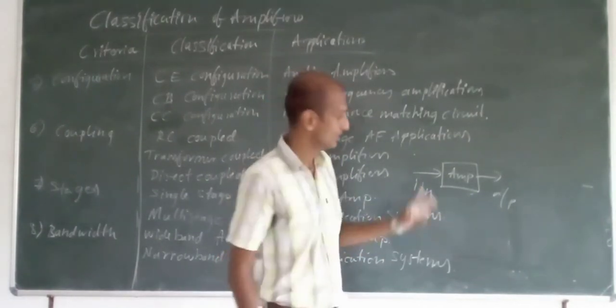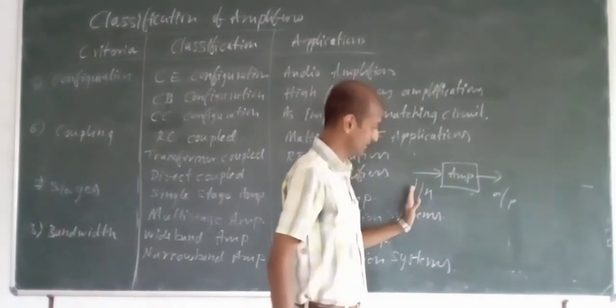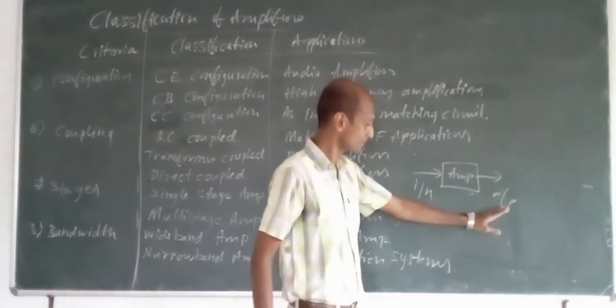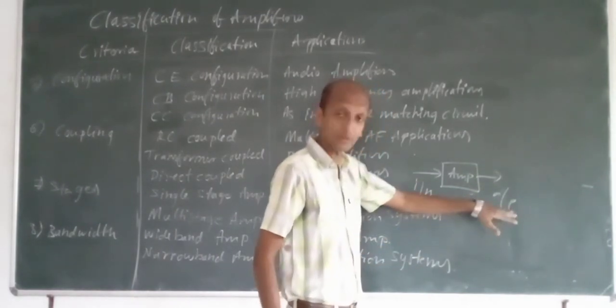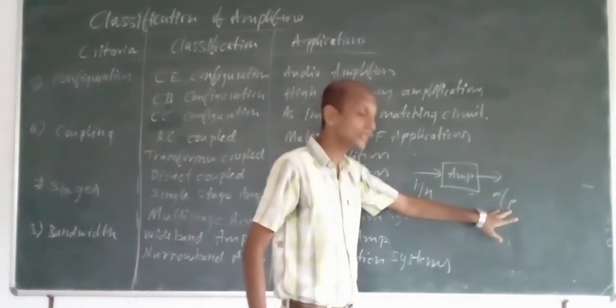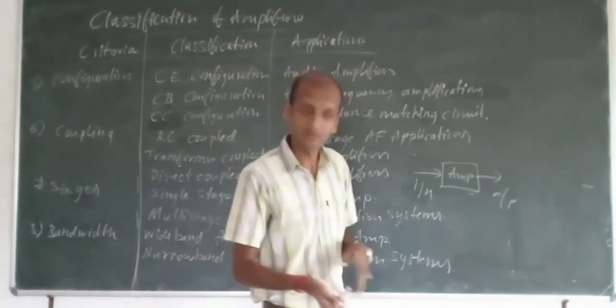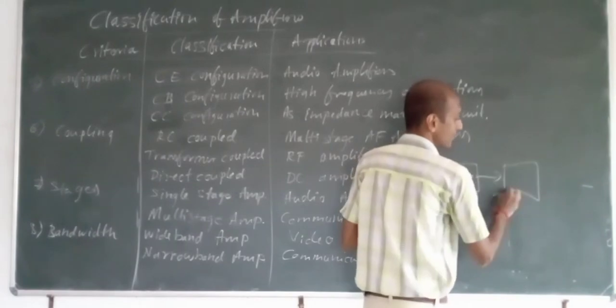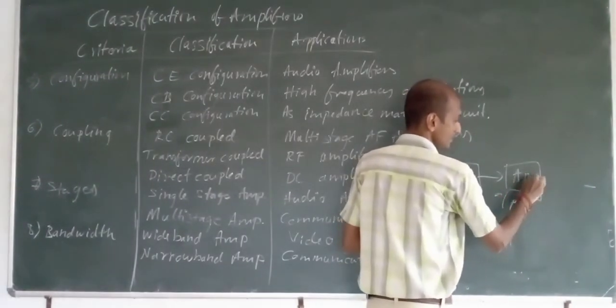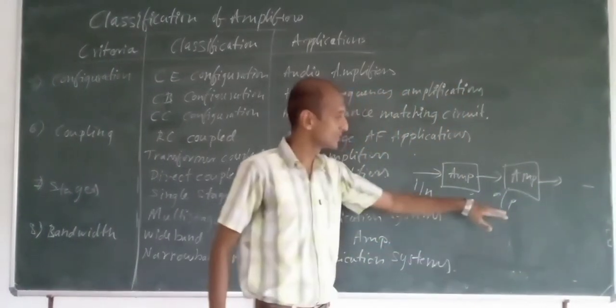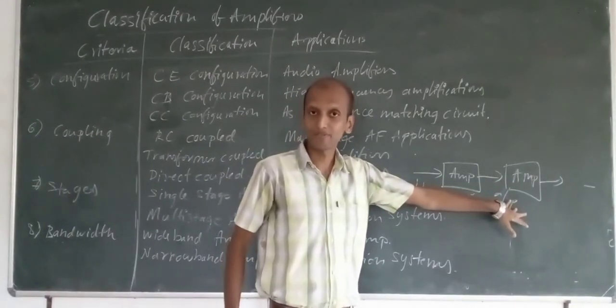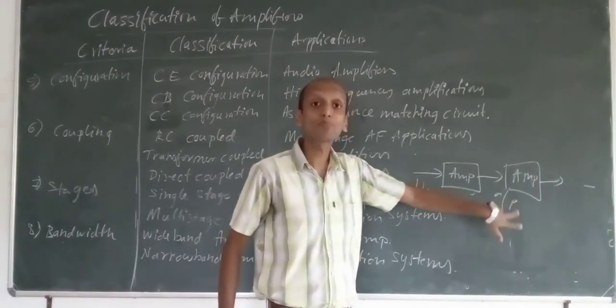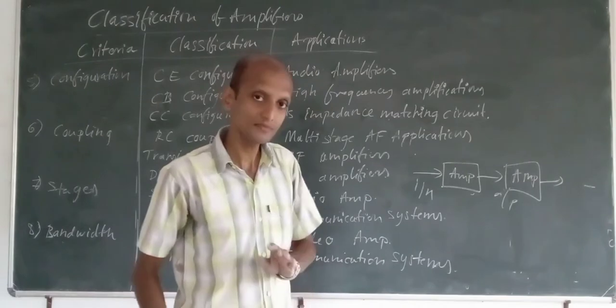So this input is a weak signal going into a strong signal. If I want this signal to become still stronger, then I can connect another amplifier. Now this is called a two-stage amplifier, or we can call it a multi-stage amplifier.